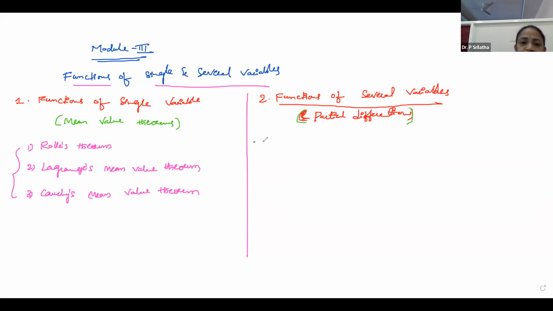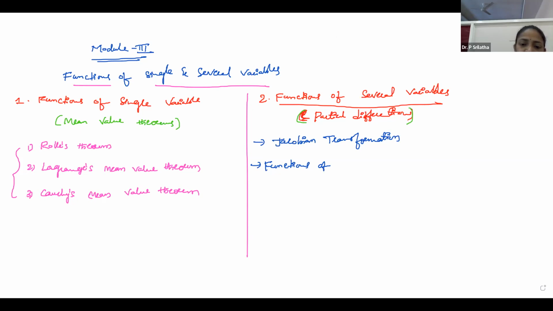Here the first topic is Jacobian transformation. And the second one is, sorry, functional dependence or independence.